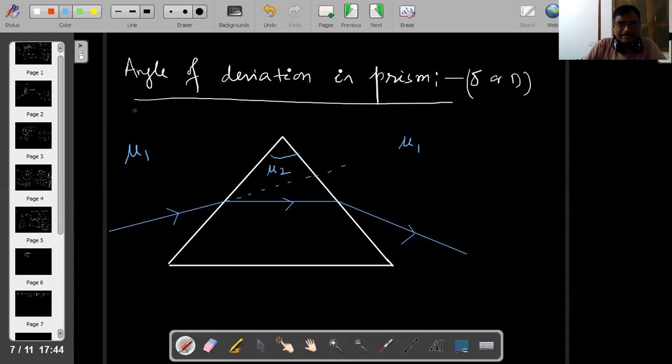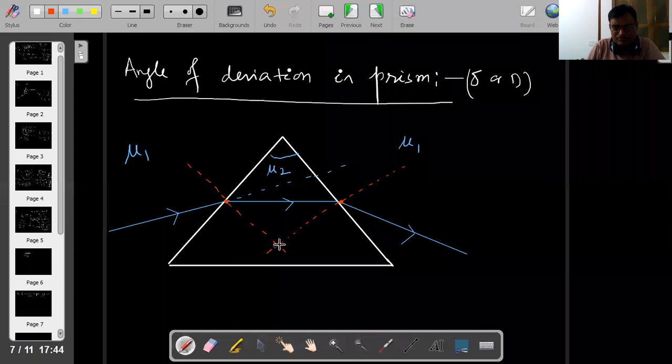Now I have to draw the normal here. It passes through this point, and another normal is drawn like this. They intersect here.